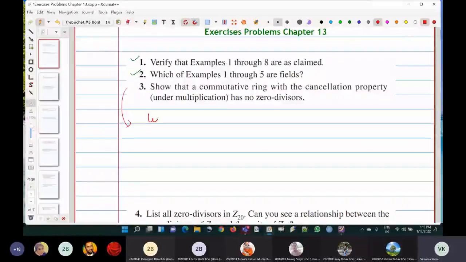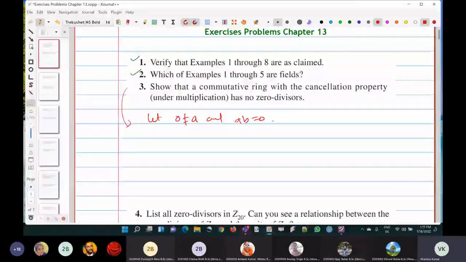So let us see. We can assume that A is a non-zero element, and A times B equals 0. Now we need to say that at least one of them is 0. So under multiplication, cancellation has no zero divisor.